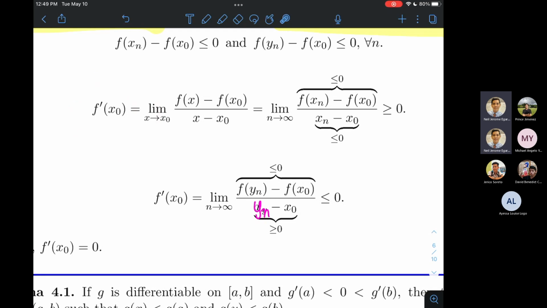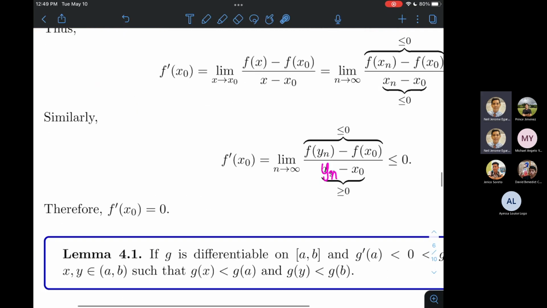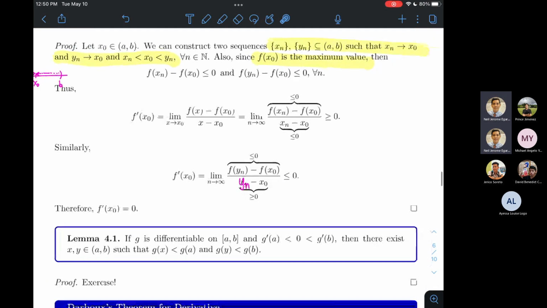So we are forced to conclude na okay, si f prime of x sub 0 ay equal lamang kay 0. So ibig sabihin, ang tangent line lagi sa isang relative maximum at saka sa isang relative minimum ay laging horizontal lamang. Okay, but again, this is what we have already learned from Math 36.